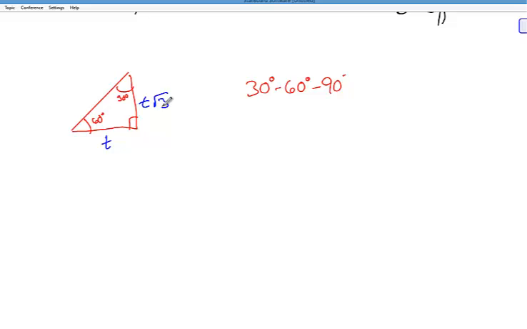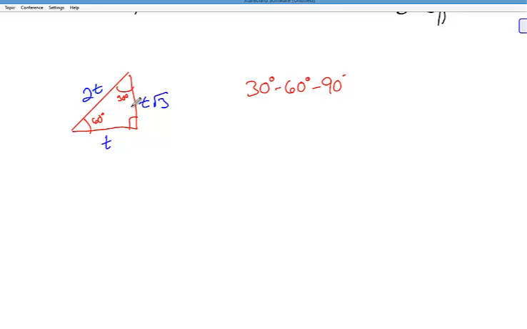And our hypotenuse, the side opposite our 90 degrees, is 2t. This gives us a basis for the sides of a 30, 60, 90 triangle. We really need to know what the sides of the 30, 60, 90 and the 45, 45, 90 triangles are.